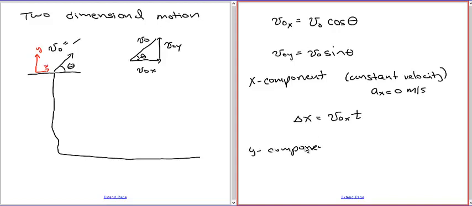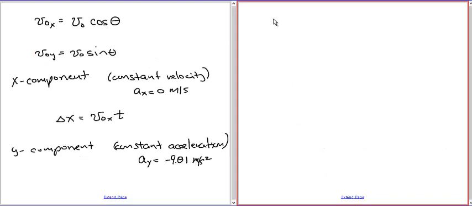Then we have the y component. Now that is constant acceleration. So a sub y, given the way we have defined our coordinate system, is negative 9.8 or 9.81 meters per second squared. For that direction, we have the four equations. Delta y is equal to v0y plus vy divided by 2 times t.